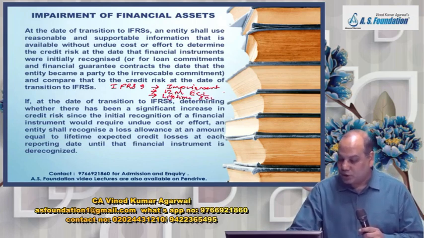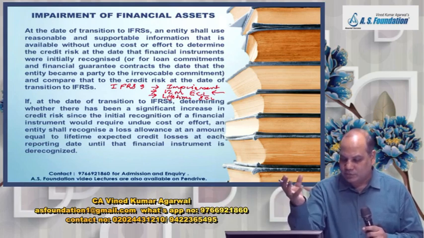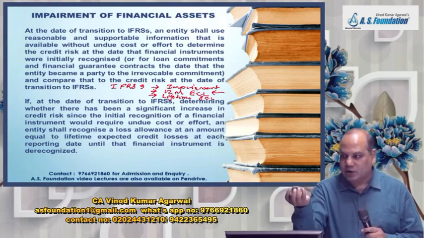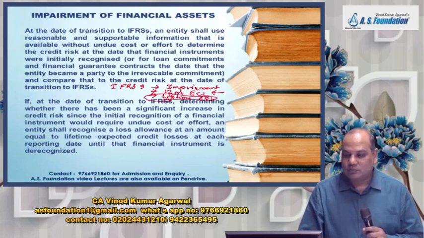If there is no significant increase in credit risk, then we apply 12-month expected credit loss, where the amount of impairment provision is very low or negligible. But if the risk has increased significantly, then it is lifetime expected credit loss.